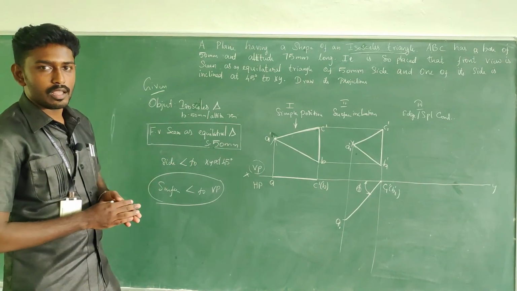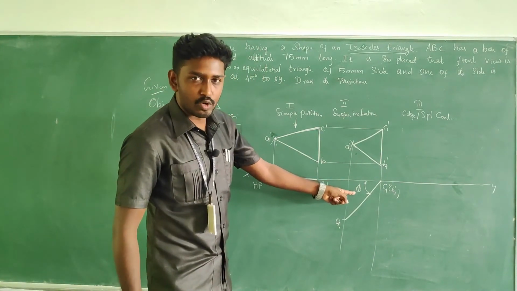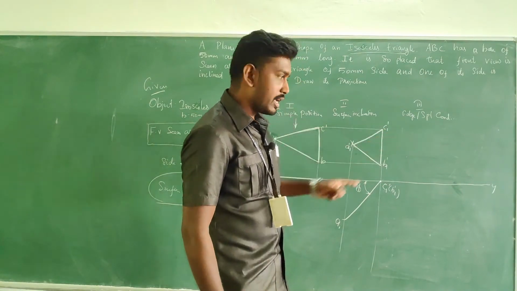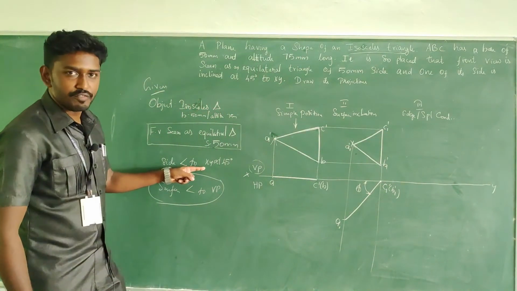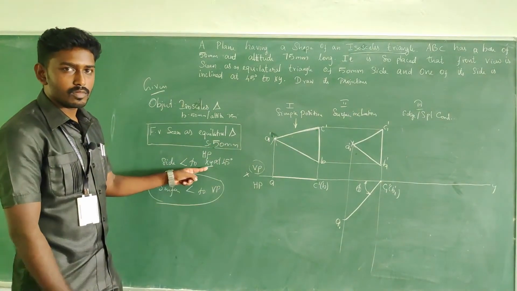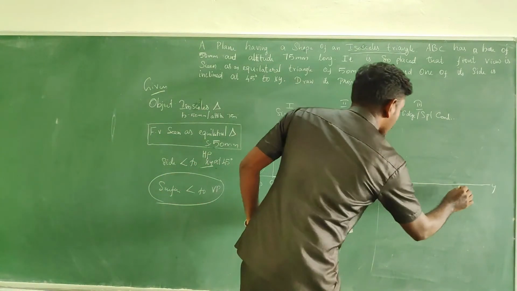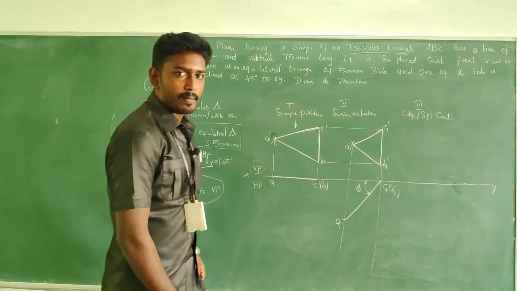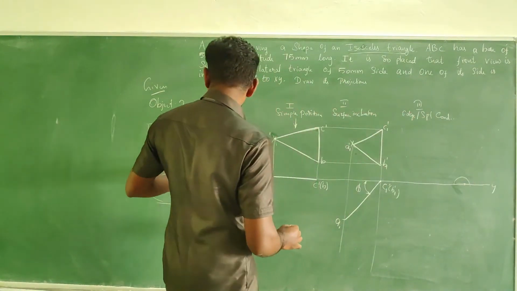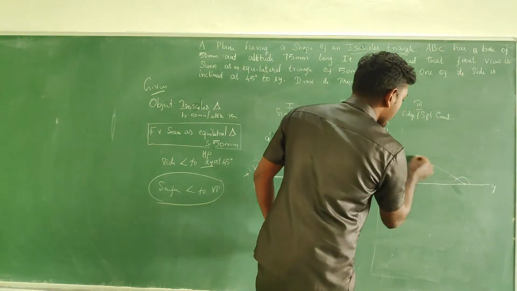So with this idea we can say, since the surface is inclined to VP, in the third stage it must make the inclination with HP. So what I'm going to do is pick a point on the XY, place your protractor like this, measure 45 degree and go for an inclined line.